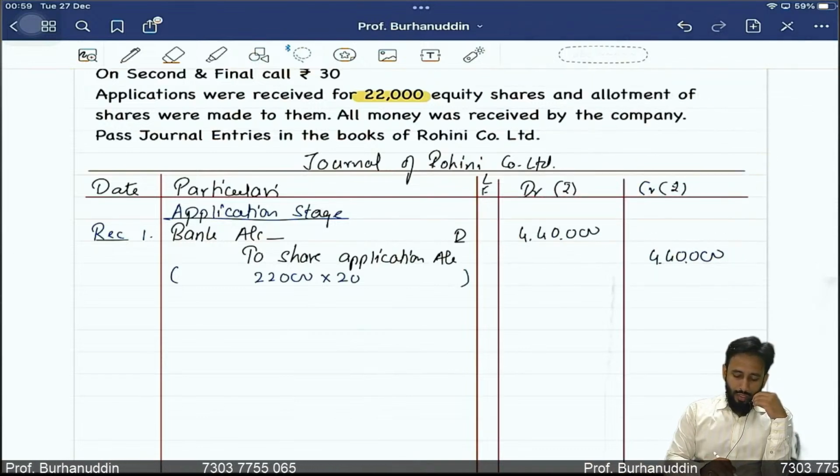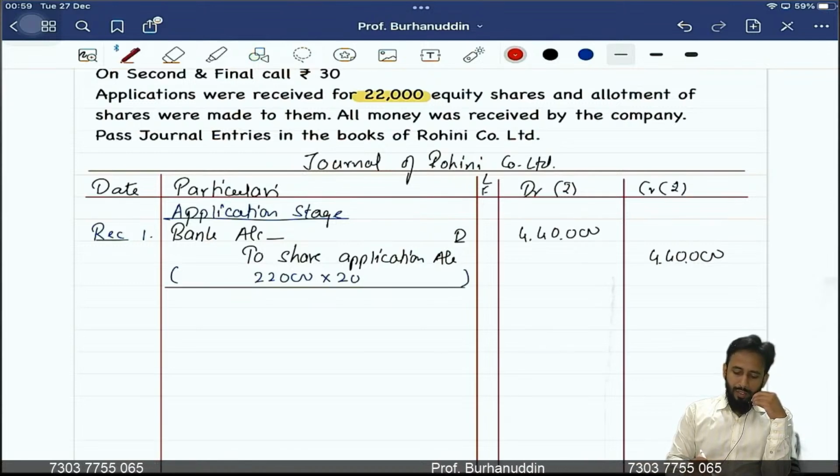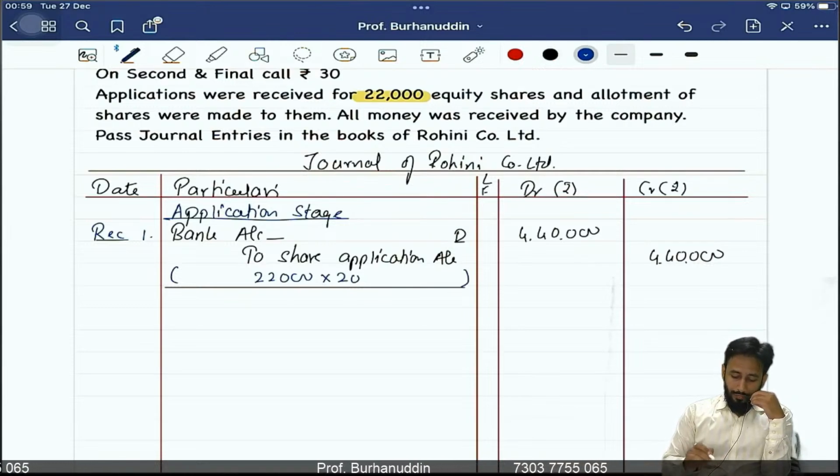You will have to write the narration, guys. Have a habit of writing it. I'm not attempting the paper, you are. So please write the narration.